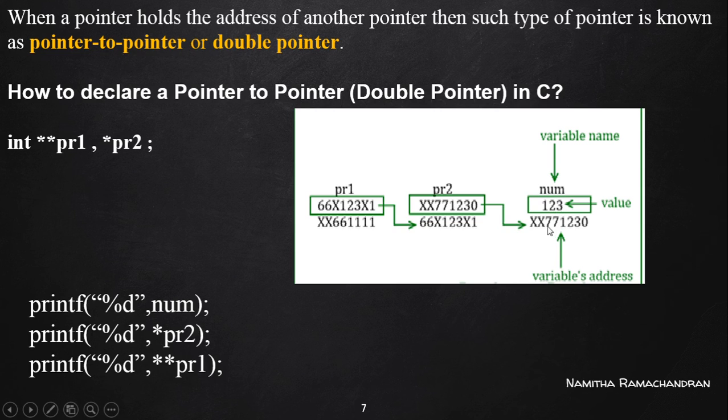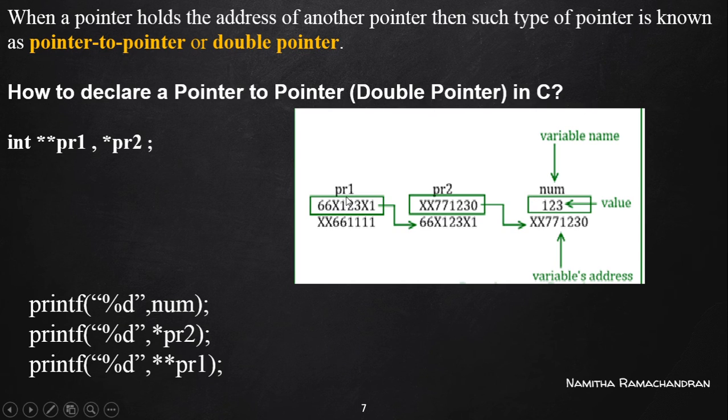Here we have a particular address location which is pointed to by the variable name num. It is initialized with the value 123. This is the variable name num, and the address it is pointing to is this one, represented in hexadecimal format. Here PR2 is a pointer variable which points to this address location, and its content is the address of this variable.